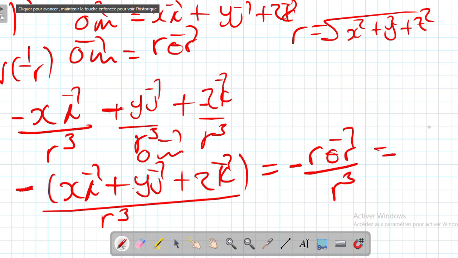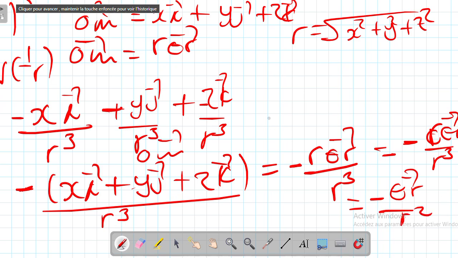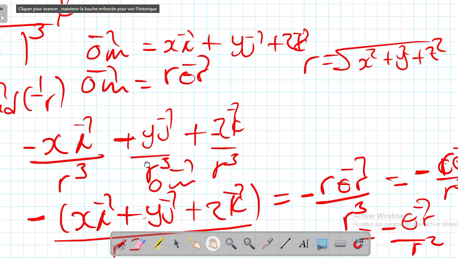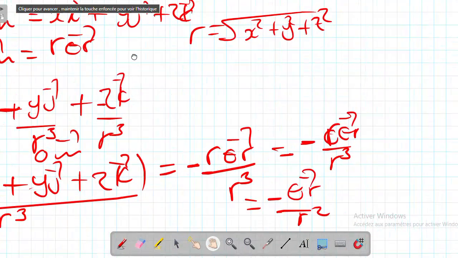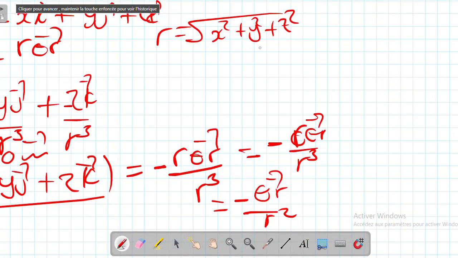So therefore, this is negative r ER over r3. You can cancel the r's if you want to. You'll have negative ER over r squared. So the answer is this. If you convert it into base spheric, you're going to have negative ER over r squared, which is going to be the answer when we actually solve that gradient in the base spheric.